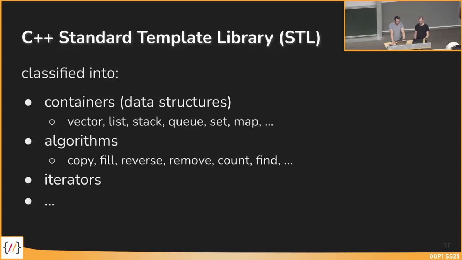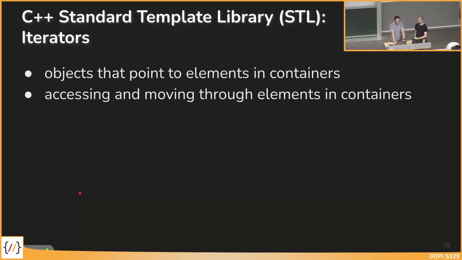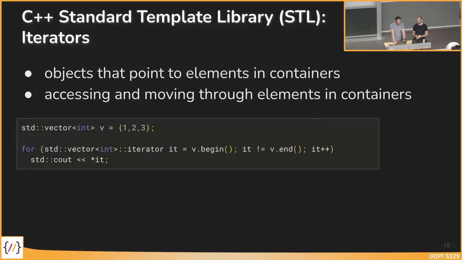On the next few slides, we will have a look at the containers and also the iterators first. So what are iterators? As I said, an iterator is basically just a pointer, or an object that points to the elements within the container. And I can access the elements through an iterator, or I can move the iterator through the elements in containers.